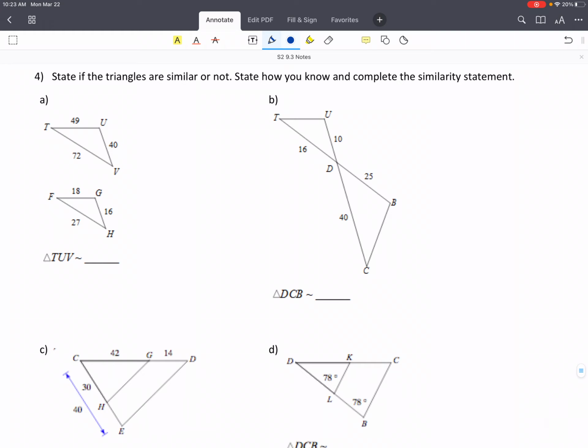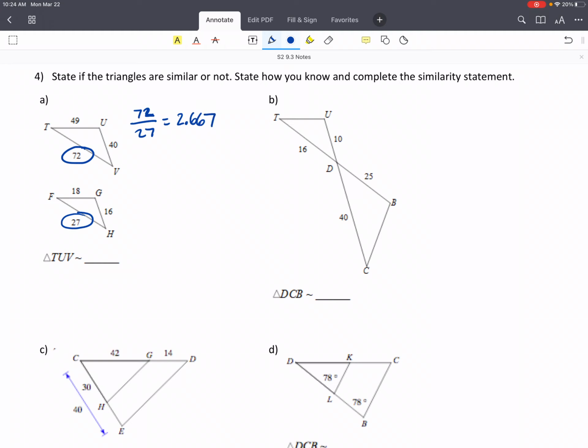Part A, I see that all side lengths are labeled, so that's a key indicator that I should be using side, side, side. My biggest side is 72, my biggest side is 27. So I'll just type that in the calculator. And keep in mind, these numbers do have to be exactly the same.